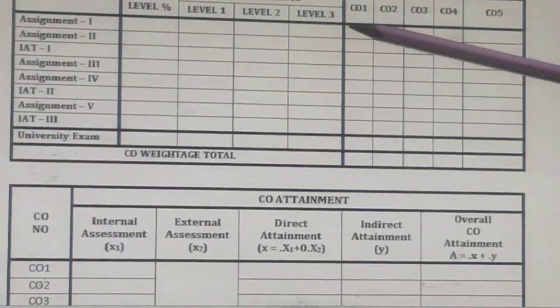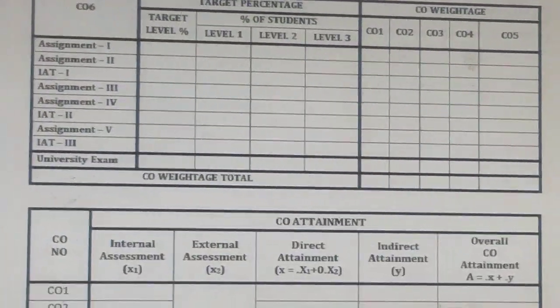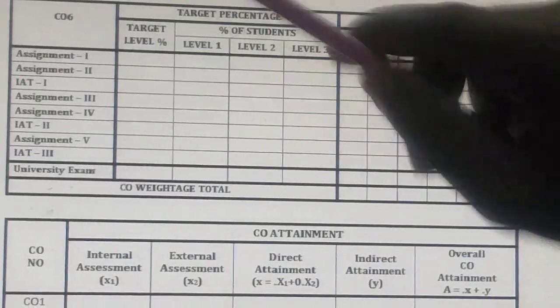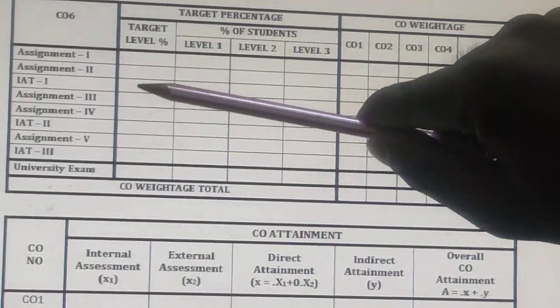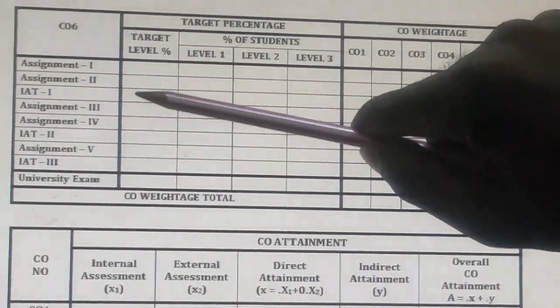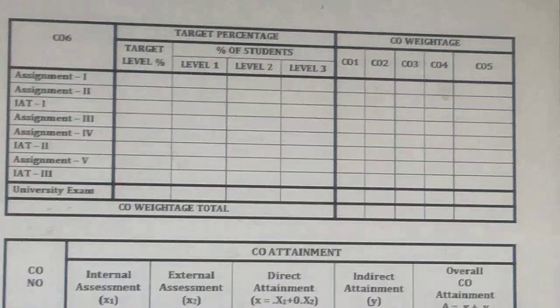I fix the weightage for IIT as 80%. And I fix the percentage of target for all the assignments as 70%. I fix the percentage of target for all the IIT as 50%.